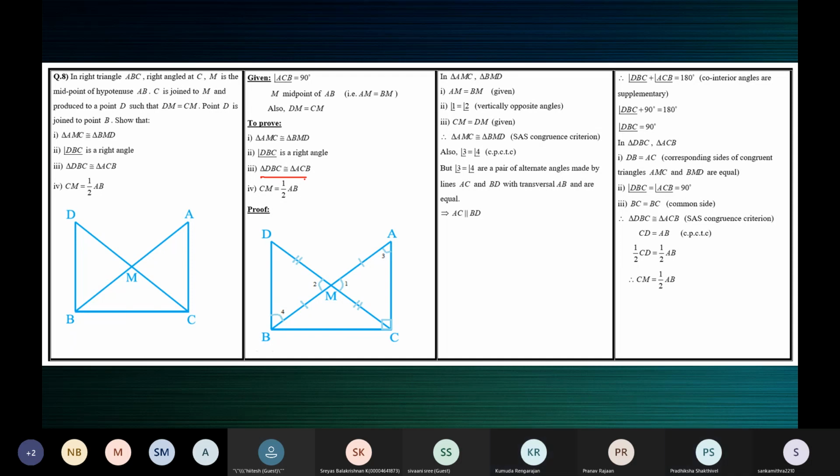Triangle DBC congruent to triangle ACB. This one we understood? Yes, ma'am. So now, when DBC is congruent to ACB, DC is equal to AB, correct? Yes, ma'am. Why DC is equal to AB?